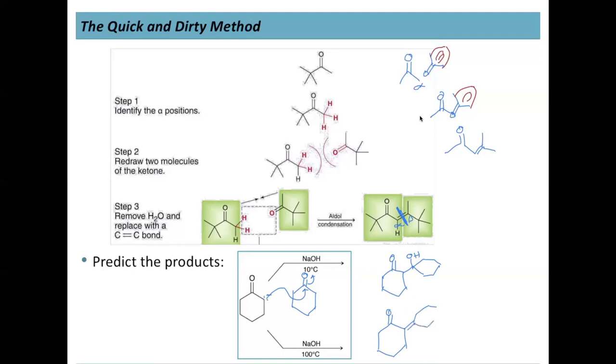So these would be the products that we would expect. And again, you can see that we just docked one carbonyl at the alpha position, forming a double bond there.